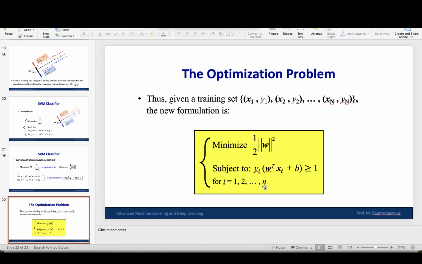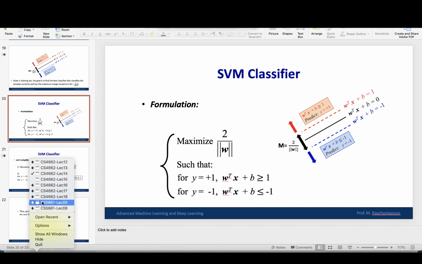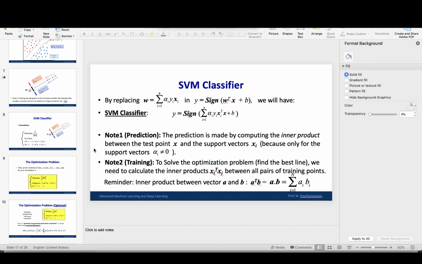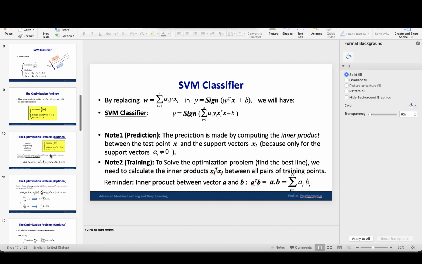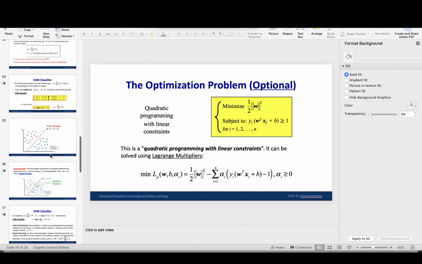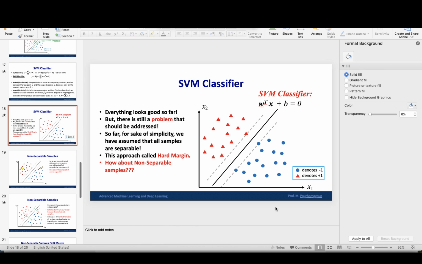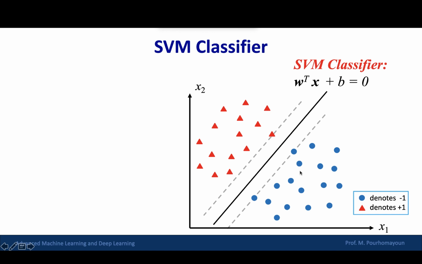So for all of my data samples, if it is a positive sample, it should be on this side. If it is a negative sample, it should be on this side. This is a rule that, according to this equation, I cannot violate. So I want it to be like that.